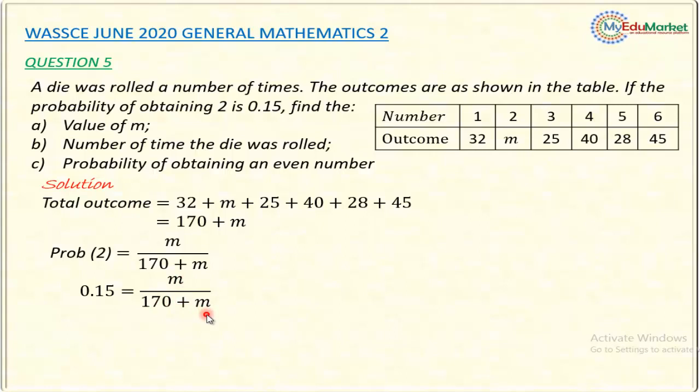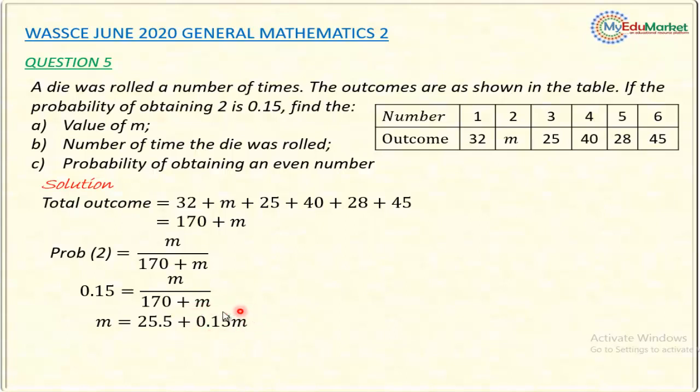We cross multiply to get M. So cross multiplying, we now have M times 1, so I have M, equals 0.15 times 170 plus M. I have 25.5 plus 0.15 M. This 25.5 is 0.15 times 170, and 0.15 times M gives 0.15 M. So I collect like terms.